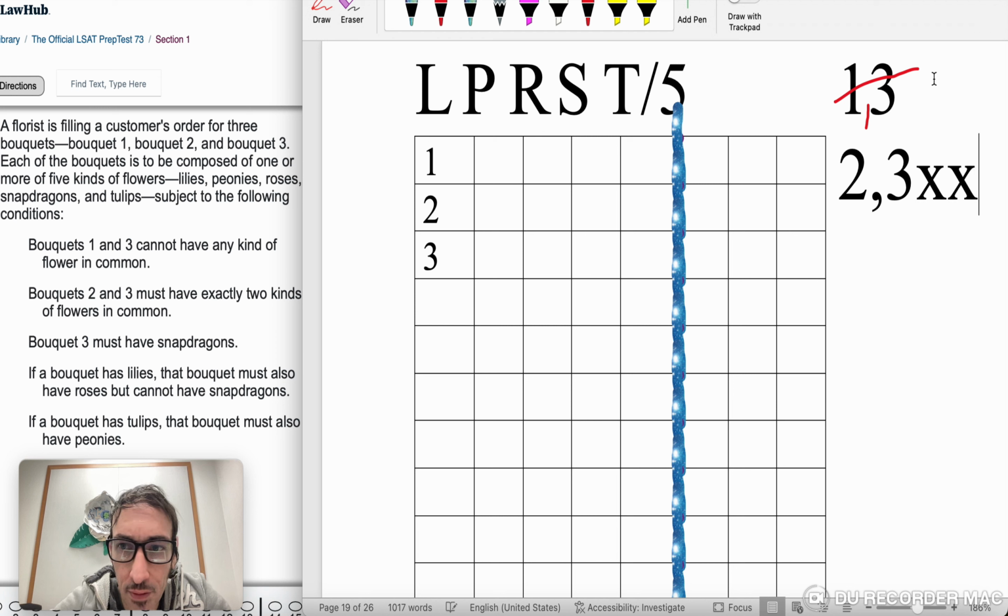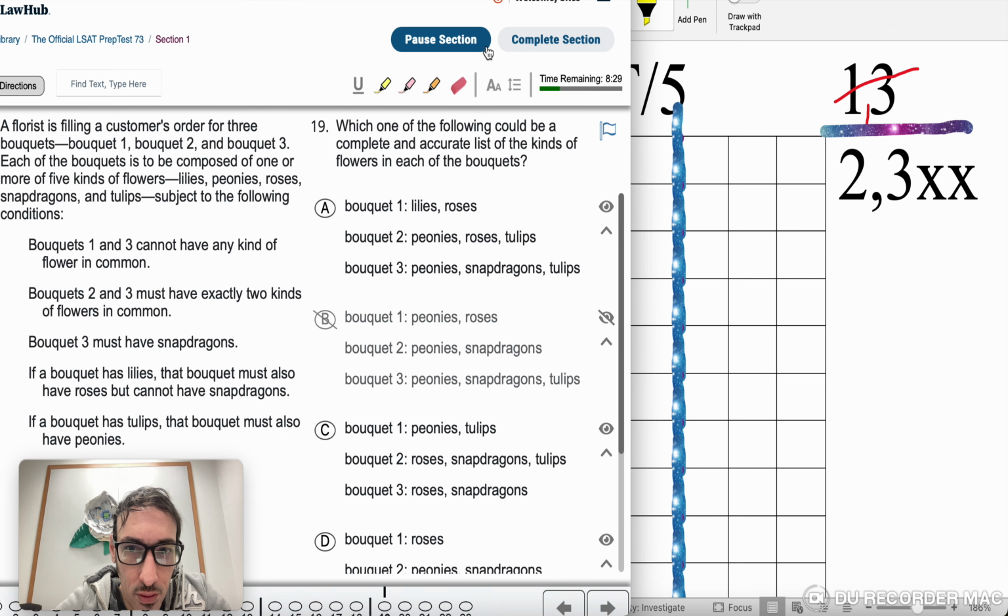Now, once I have it here, I'm going to apply it. What I mean by applying it is that I'm looking for it in the choices that are available to be picked out. So for 2 and 3, they need to have 2 things in common. Okay, so these 2 have a common. Choice A does.